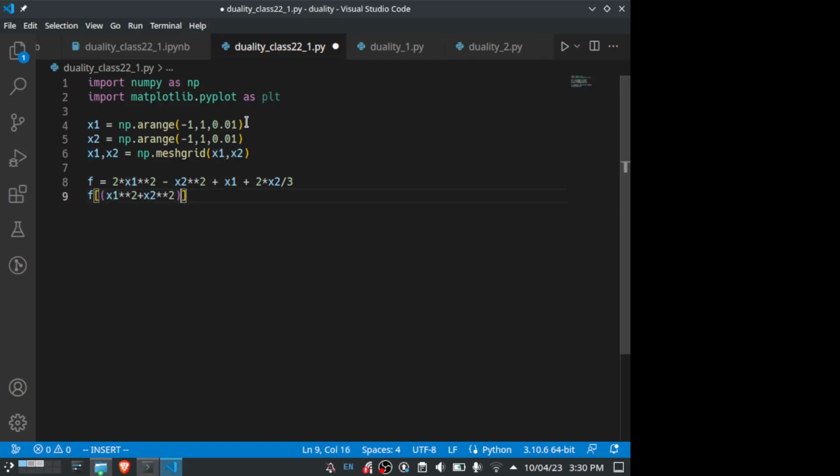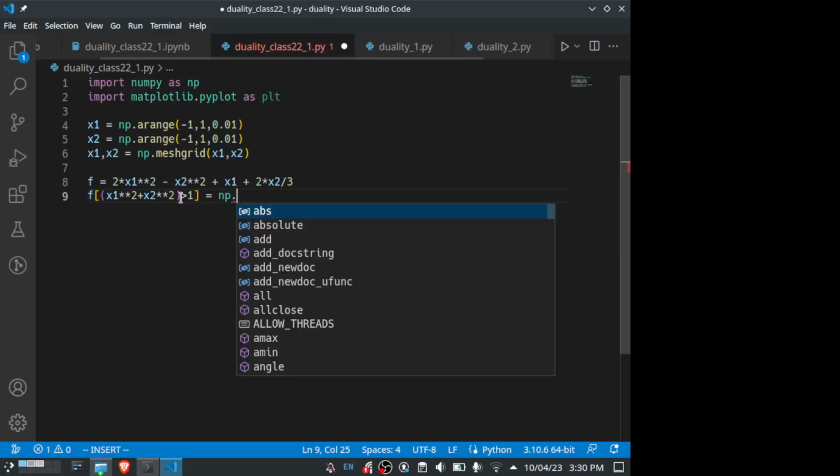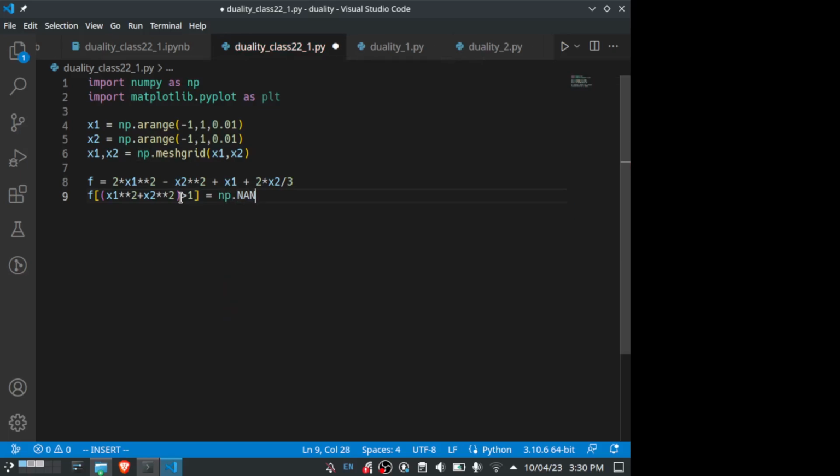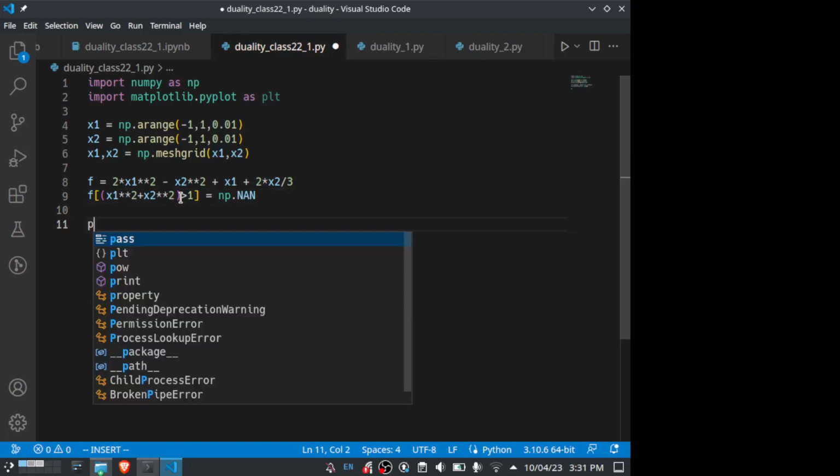I'm only interested in the region where x1 square plus x2 square is less than or equal to 1, right? It's a constrained optimization problem. So let me try to visualize the function only in that particular region. For all points for which x1 square plus x2 square is greater than 1, I'll just set it to plus infinity or not a number.